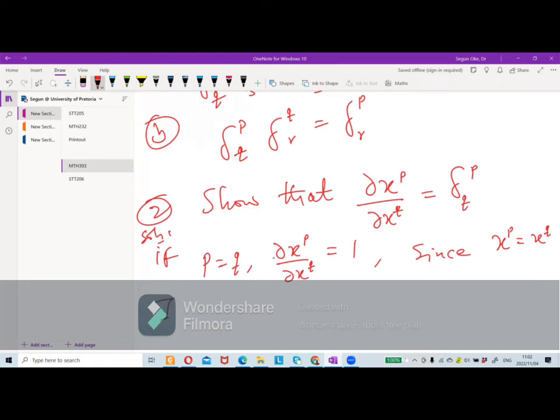But if P is not equal to Q, then the SP over the SQ is equal to 0.